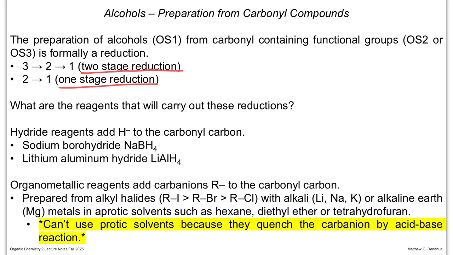Then the other one, aldehydes or ketones, that's a 1-stage because we only need to go down from 2 to 1. We're going to learn 2 ways of making alcohols. The first way involves using hydride as the reducing agent.